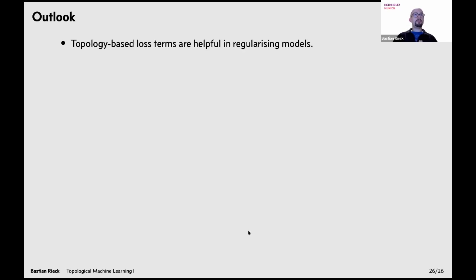What I want you to take with you from these two examples is that these are examples of topology-based loss terms. So next time we will be looking at more complicated models where the topology is kind of intrinsic and inherent to the model. But even by just looking at a topology-based loss term, we find that those are helpful in regularizing models in practice.